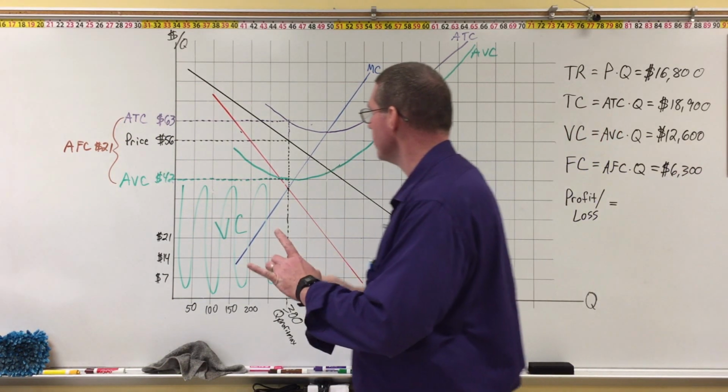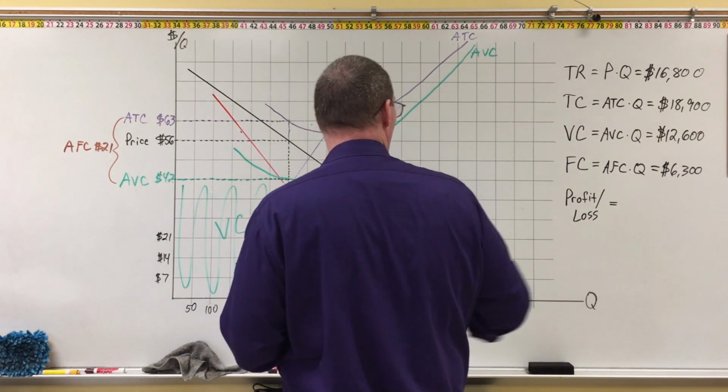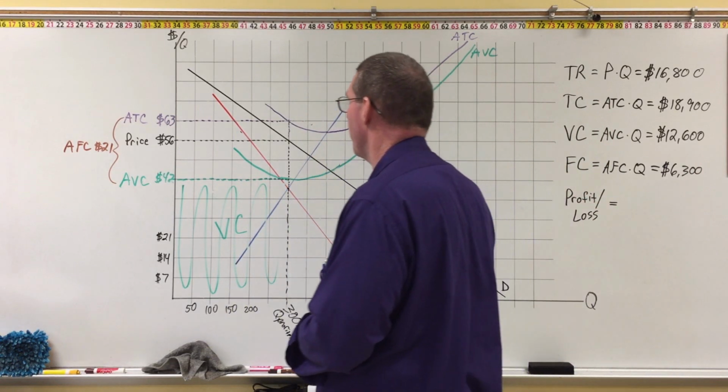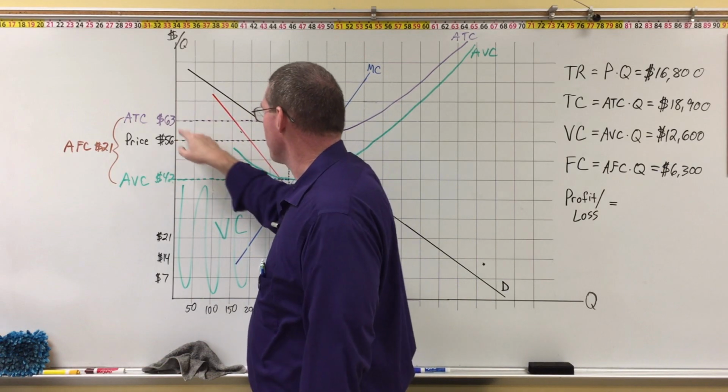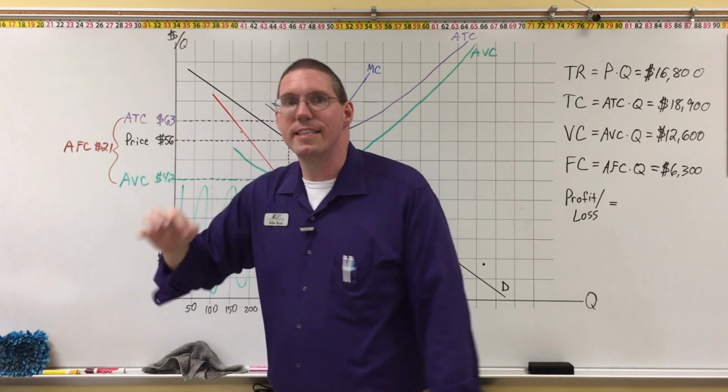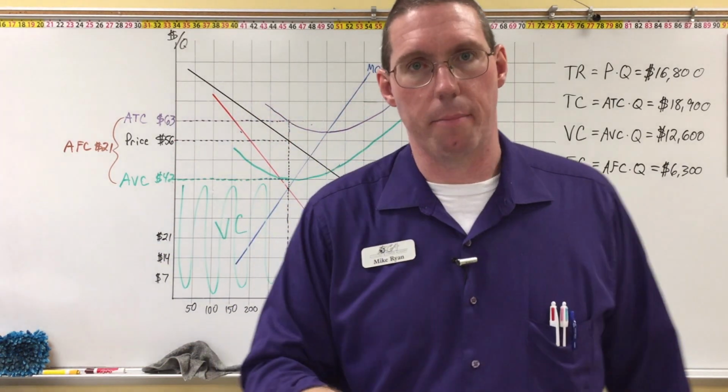Now, here's the interesting thing. Before we calculate profit or loss, there's a line running through our fixed cost rectangle. We did not have that in the last example.